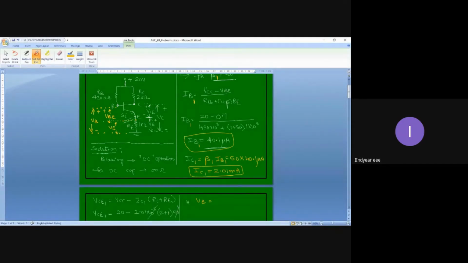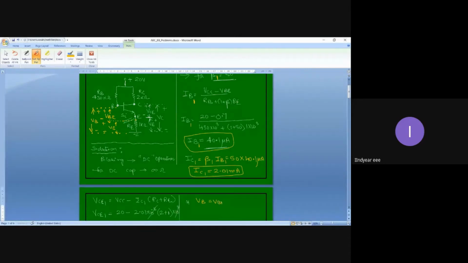Base is at higher potential, emitter is at lower potential; and emitter is at higher potential and ground is at lower potential.